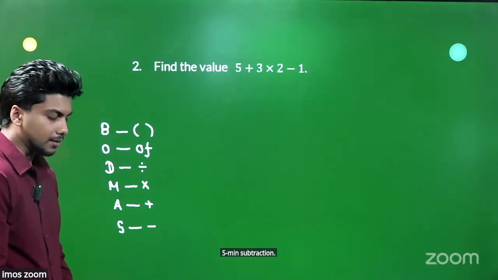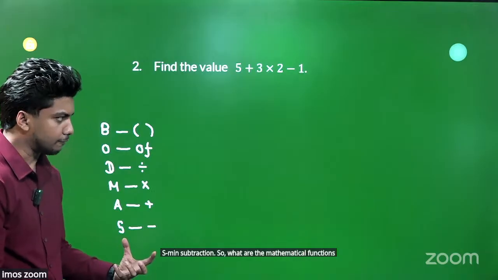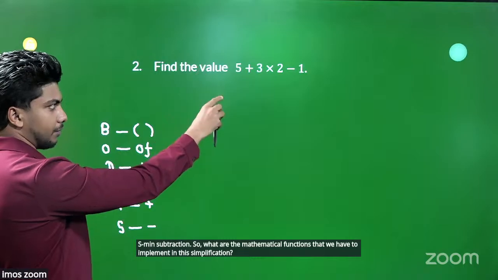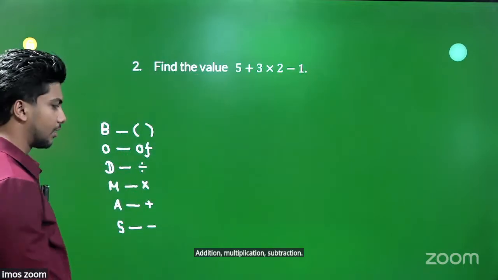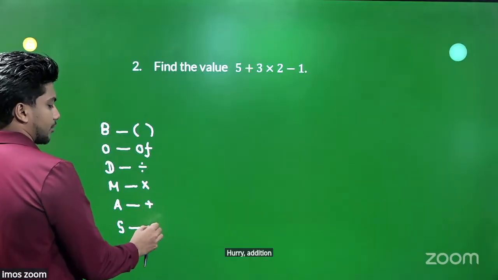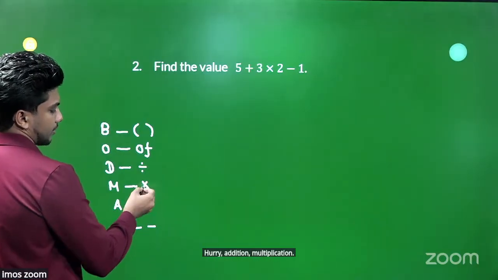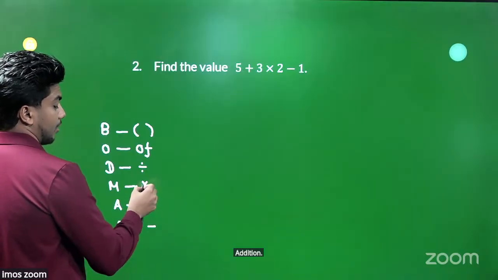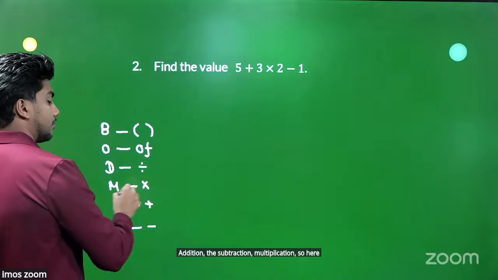So what are the mathematical functions that we have to implement in this simplification? Addition, multiplication, subtraction. So here you can see the multiplication in order.